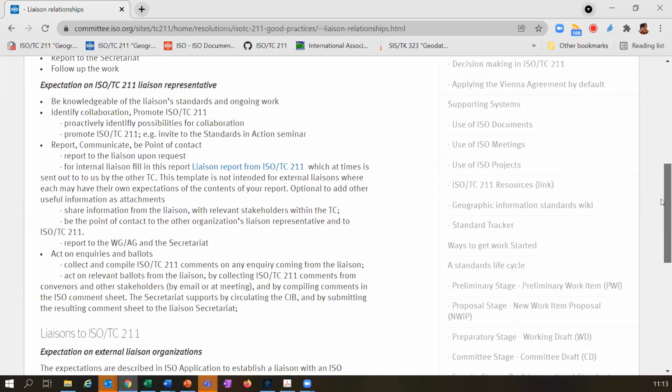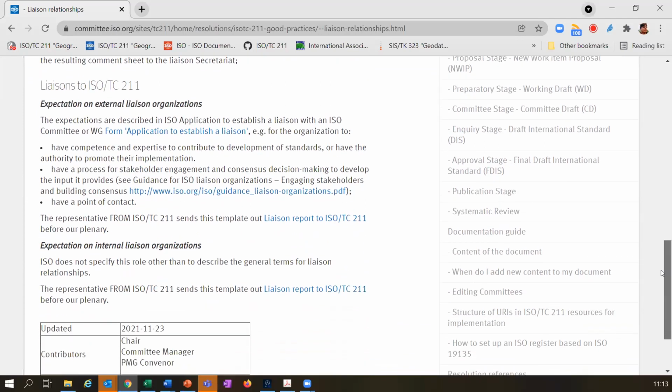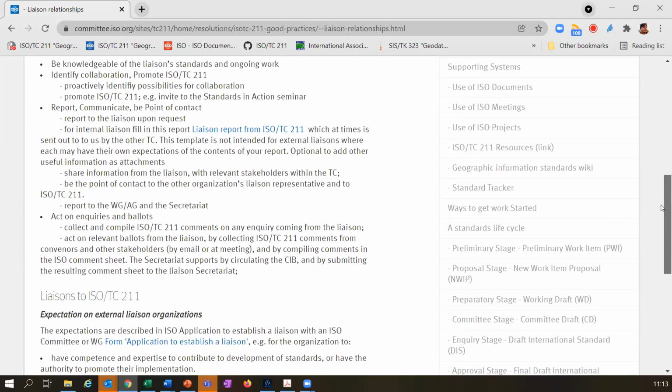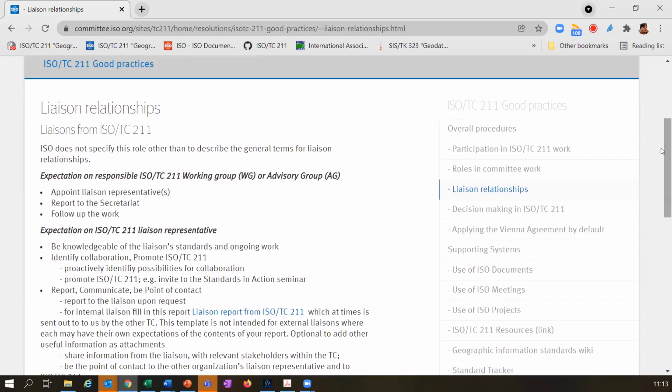And just again, what's good to know about the relationships from liaisons, and the most important part here is perhaps the dedicated person that we have named to be our liaison representative from our side.